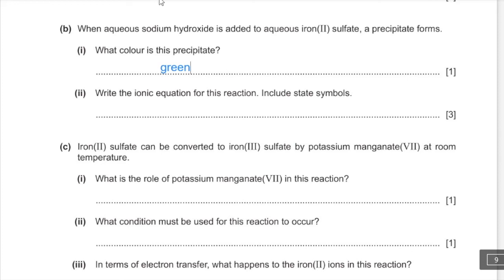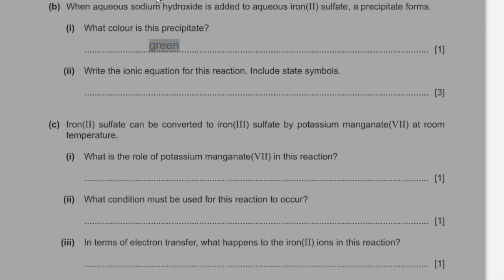Include state symbols. Alright. So to write this ionic equation, we need to start by writing the ions which form the precipitate over here. The precipitate, which is iron hydroxide, needs the ions iron, which over here has a charge of 2 plus, and also the hydroxide ion, which has a charge of -1.